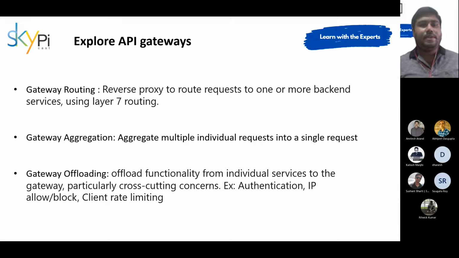So we get gateway routing, and then we get aggregation, which is also a gateway functionality, which is aggregating multiple individual requests into a single request. In reverse proxy, when we request a single endpoint via the gateway, we can declare policies so that it requests different other endpoints.